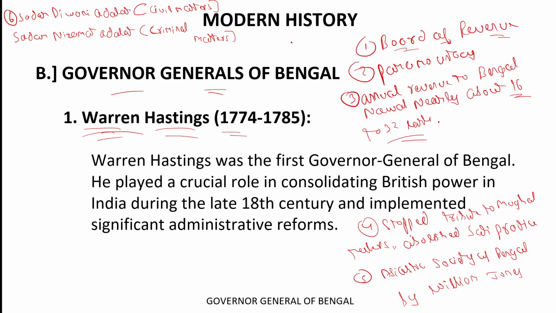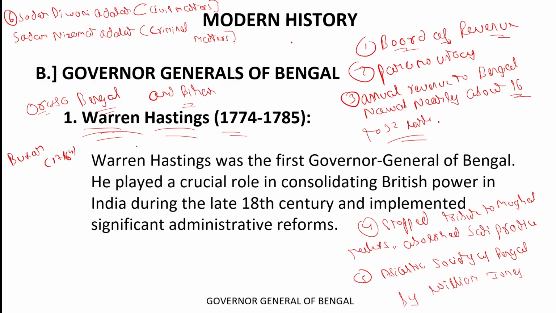Fourth thing, what he did, he stopped tribute to the Mughal rulers. Basically, after Buxar, when revenue rights of Odisha, Bengal and, sorry, not Awadh, but Bihar passed to the Britishers, there was a clause that Britishers had to pay some tribute to the Mughal rulers.